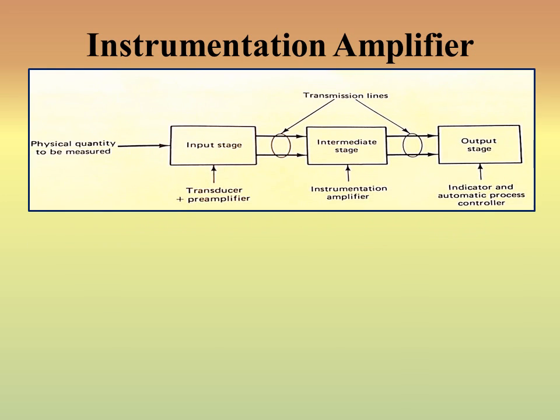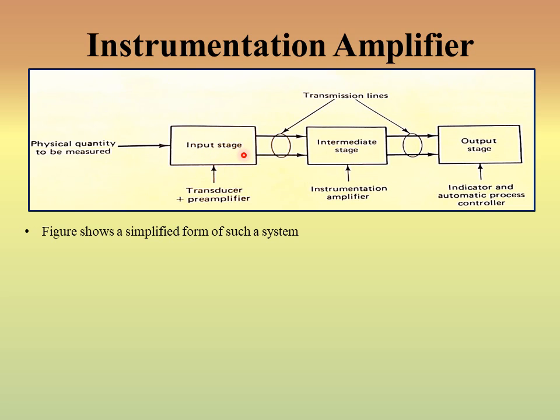Now we will discuss the instrumentation amplifier. The basic block diagram of an instrumentation amplifier is as shown in the figure. It is a very simplified form of such a system. We can see that three stages are formed.